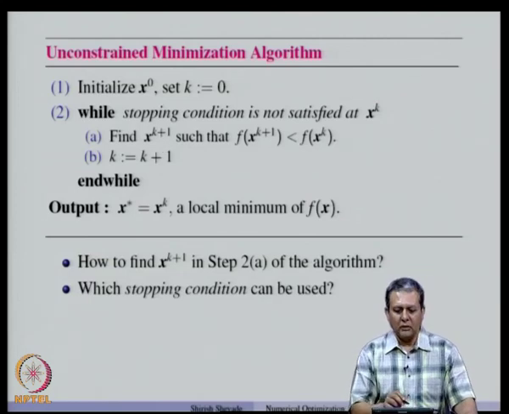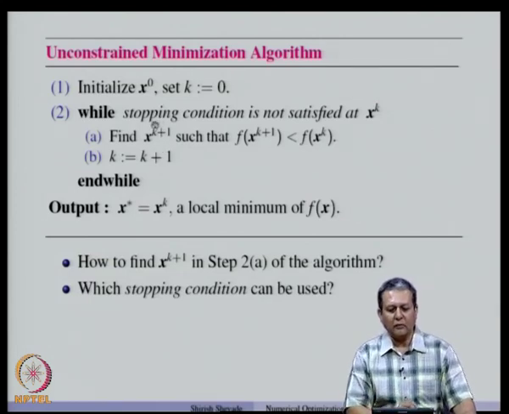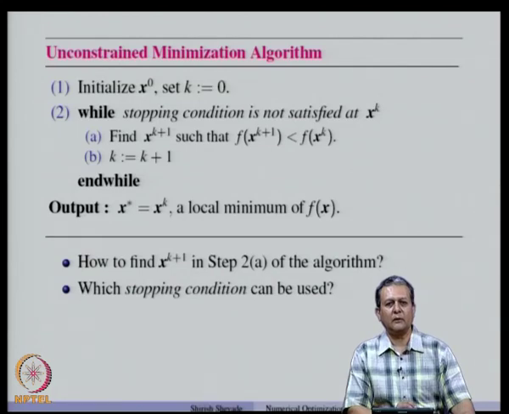The next point is what the stopping condition is for a given algorithm. Again, there exist different stopping conditions, we will see them in today's class, and those stopping conditions are typically derived from the necessary and sufficient conditions that we studied in the last class.